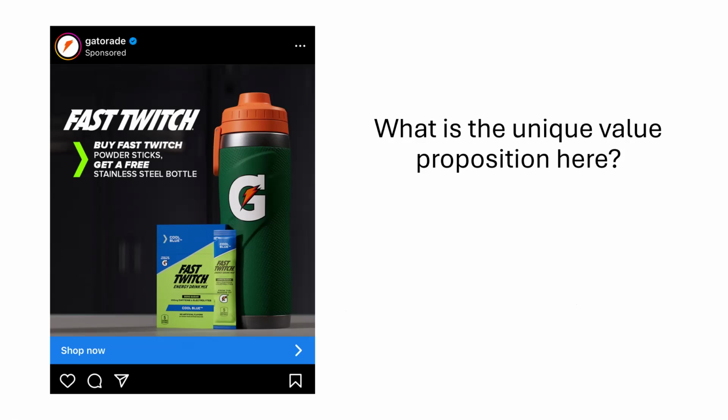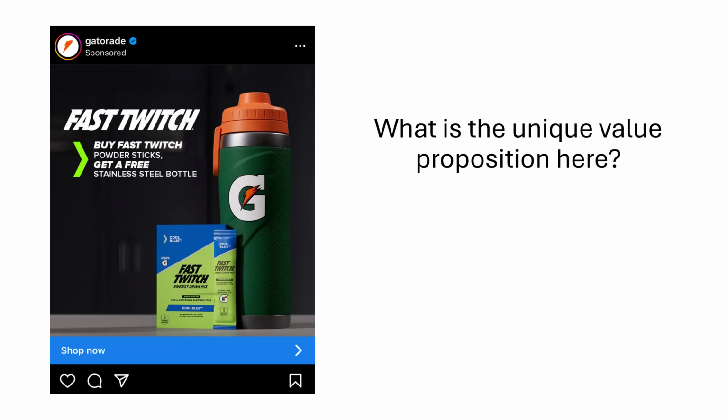It is a classic sales offer where you buy one thing and you get that plus something extra. But in this ad, it is designed in such a way where you're looking really at that something extra. And the reason for that is that Fast Twitch energy drink mix was fairly new when this ad first came out. And Gatorade was trying to up the interest. And to do that, they figured we need to have something to go with it.